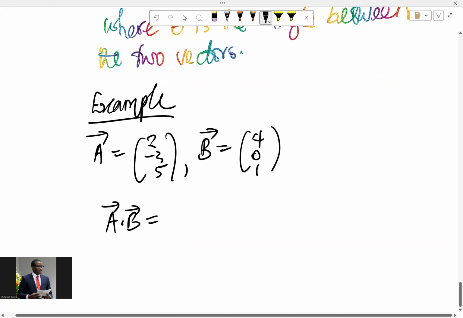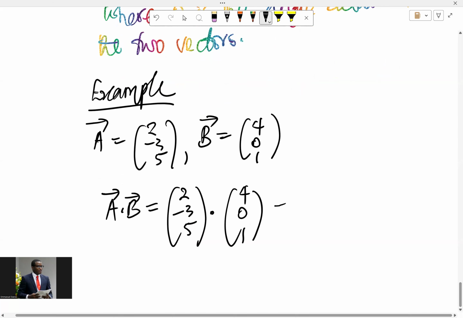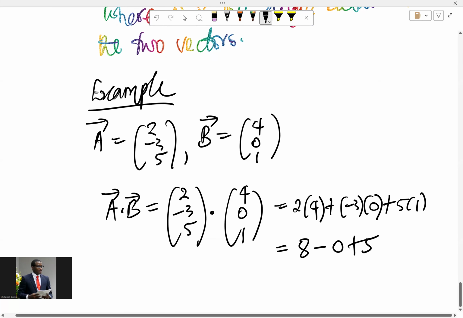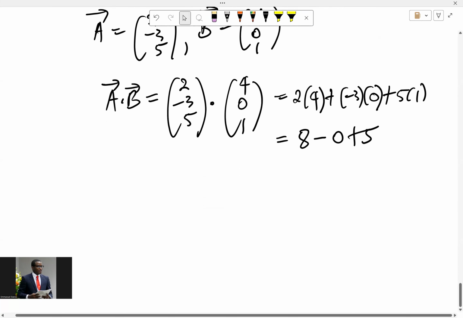So this is like 2, minus 3, 5 dot 4, 0, 1. So what this is going to end up giving us is this. It's going to be 2 times 4 plus minus 3 times 0 plus 5 times 1. And that means this will be 8 minus 0 plus 5. 2 times 4 is 8, minus 3 times 0 is 0, 5 times 1 is 5.